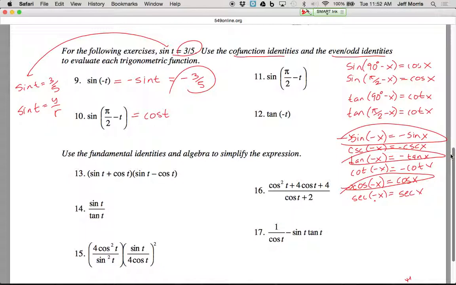And cosine is what? x over r. We've got y. R is 5. How can I find x? Pythagorean theorem, or you can just recognize it's a special right triangle, the most special right triangle in all of mathematics. It is a 3, 4, 5 right triangle. So x is 4. That means cosine t would be 4/5.